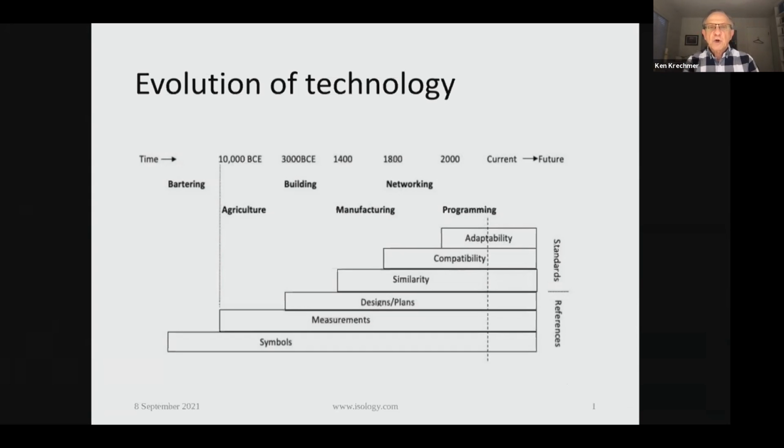And I'm using the term standardization very, very loosely as describing those things that emerge commonly and what we tend to call references before we call them standards.